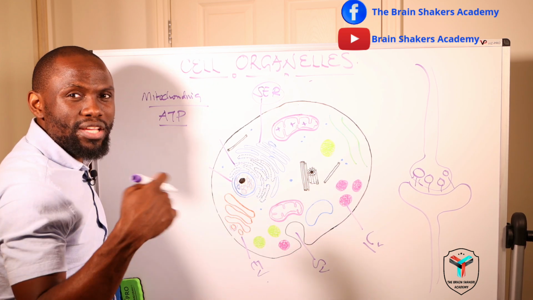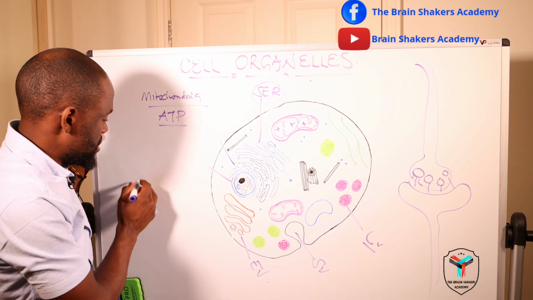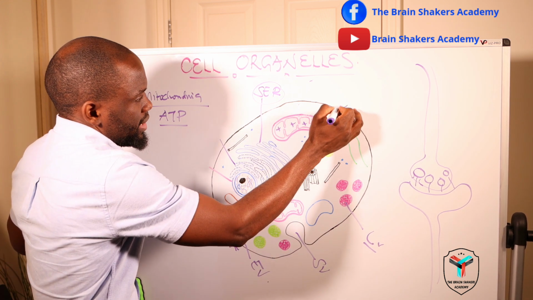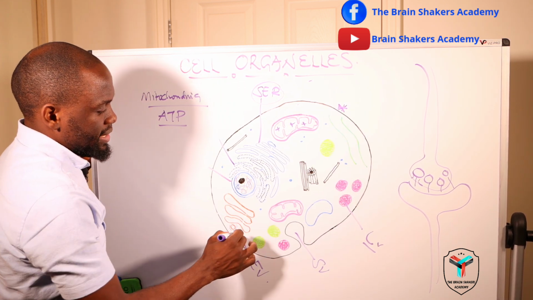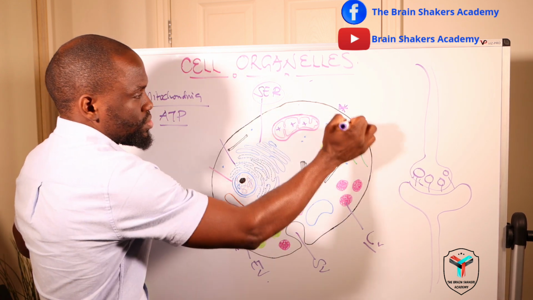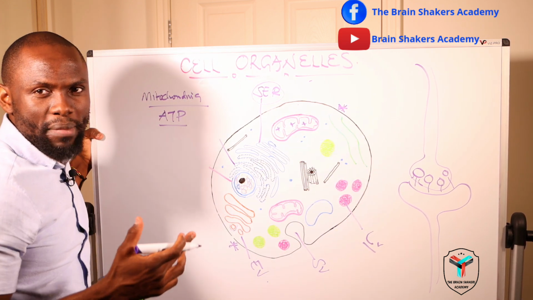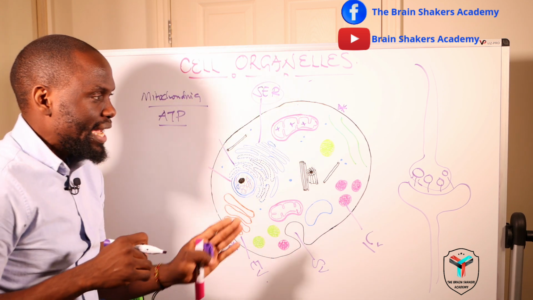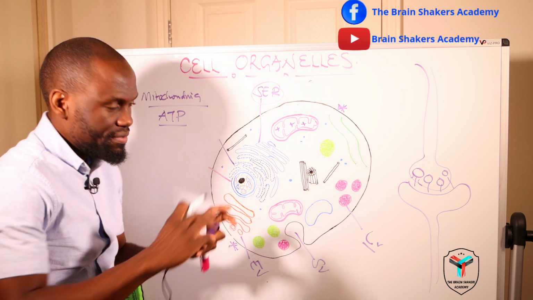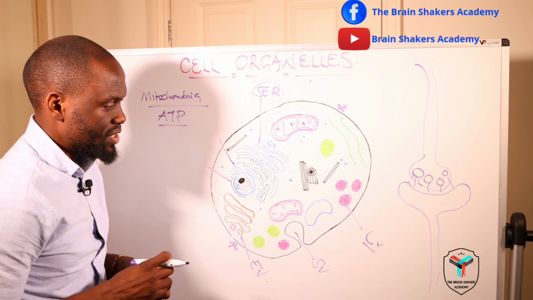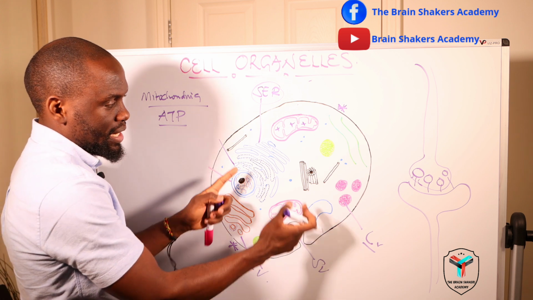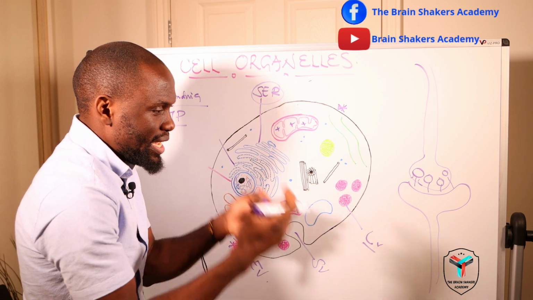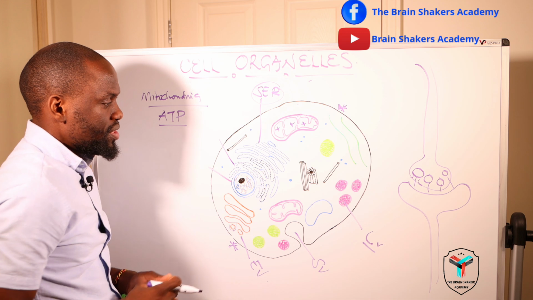The centrioles come into play when the cell is about to divide, meaning that they're going to move to the poles of the cell, one on this side and the other on the other side, and then they will have those microtubules coming around them, forming the mitotic spindle and allowing the chromatids to align on the metaphase, and then they allow the process of cell division. It means that this one parent cell has the capacity to divide and form two daughter cells that are going to contain similar characteristics to the parent cell.